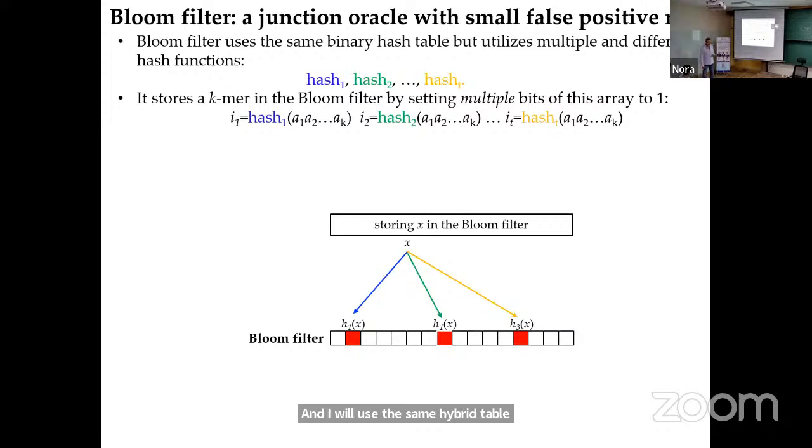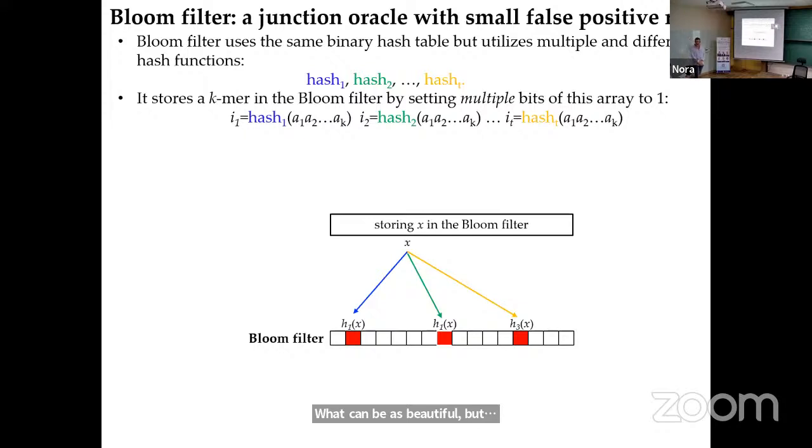But now, when I store a k-mer, I will compute hash 1, hash 2, and hash 3, blue, green, and brown, and switch on three bits in this table. Not one bit as before, but the number of bits equal to the number of hash functions.